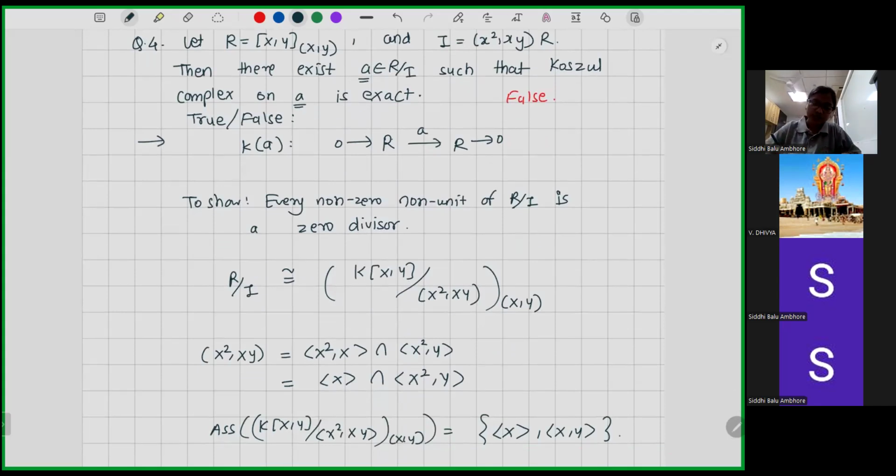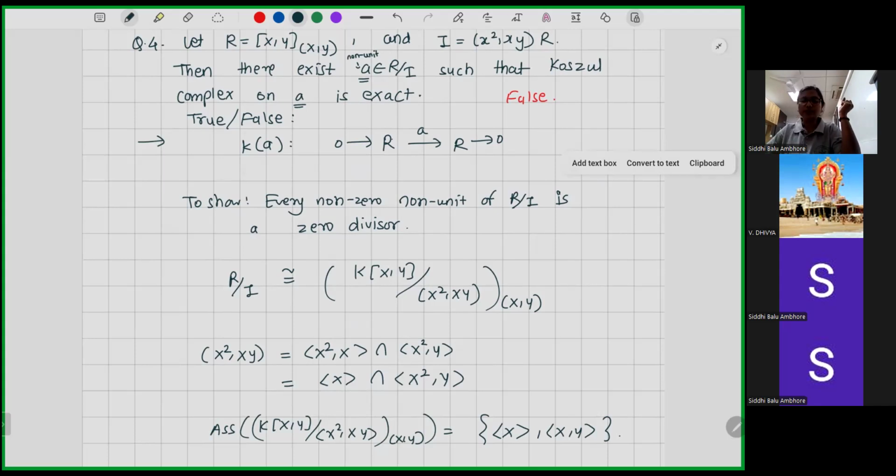If A actually needs to be non-unit, we have to start with the non-unit here, because multiplication by a unit won't actually give anything as such. This A is just an element.